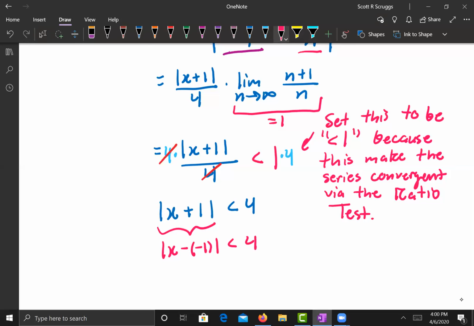Because if I plug in, say, 4 for x, I'll have 4 plus 1 equals 5, and by the ratio test, I'll definitely not have a convergent series. So what I'm trying to do is zero in on what values of x I can boldly say the series converges. And so that's why I'm doing the work.